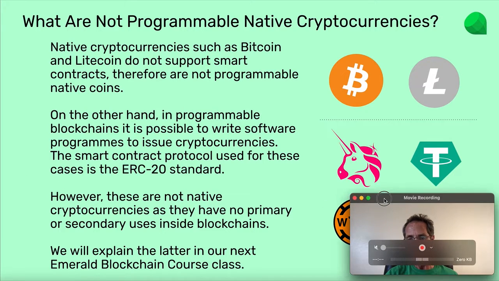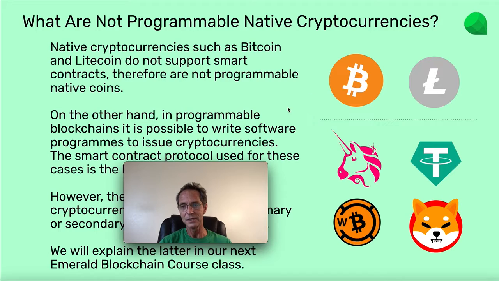So like I said before, Bitcoin, Litecoin, those kinds of coins, they are not programmable blockchains. They don't accept smart contracts, which are decentralized software programs.